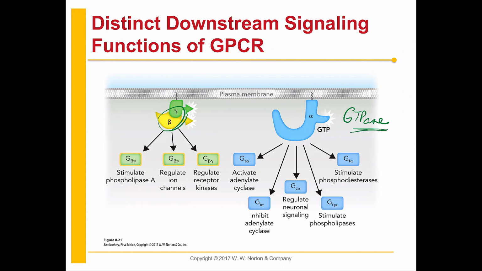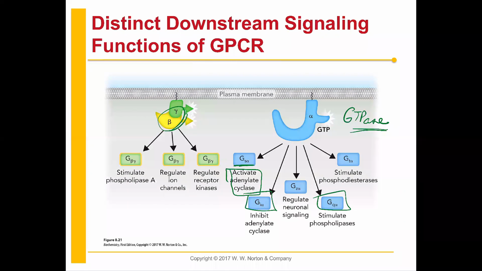We talked about the GS alpha. This activates adenylate cyclase. We're going to talk about that today quite a bit. But you could also inhibit adenylate cyclase if it's a different G protein subunit, a different variation. You can stimulate phospholipases, all kinds of different things. So I just want you to know that they have different variations of these subunits and they can do different things.